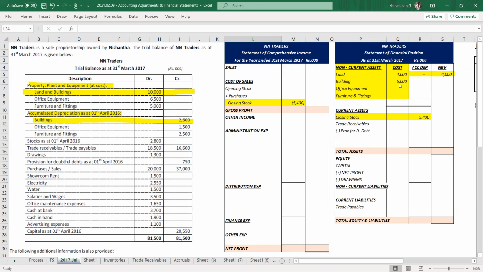Now we will calculate the depreciation of building. There is a question. Can't we write land and building together in SOFP? You can't if they have separately given the land value. If they have separately given the land value, you have to show it separately in the statement of financial position.